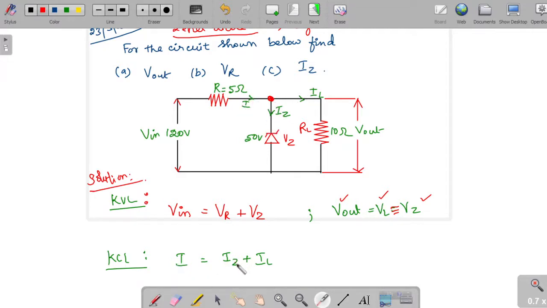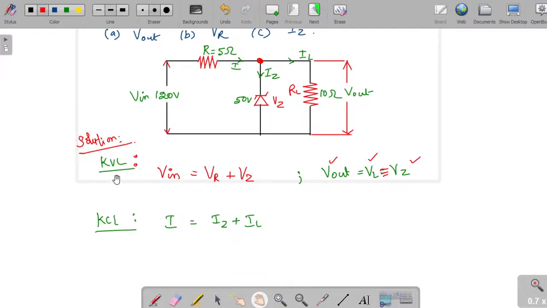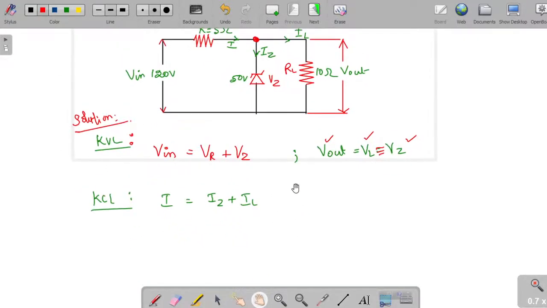So I is equal to IZ plus IL, where IZ is the current which is flowing through the Zener diode and IL is the current which is flowing through the load resistance. So these two formulas you should remember, or by seeing this you should come to know about it by applying KVL and KCL. So once you know about this, then we can find out the things.